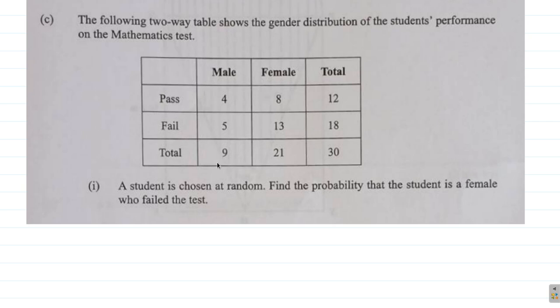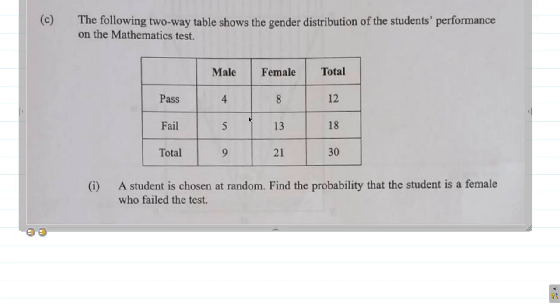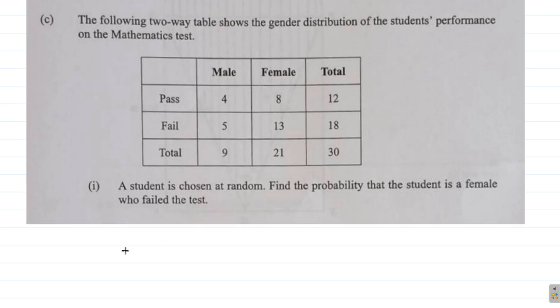Now, probability that a female and failed the test. Probability of a female: how many females are there? Female, 21.